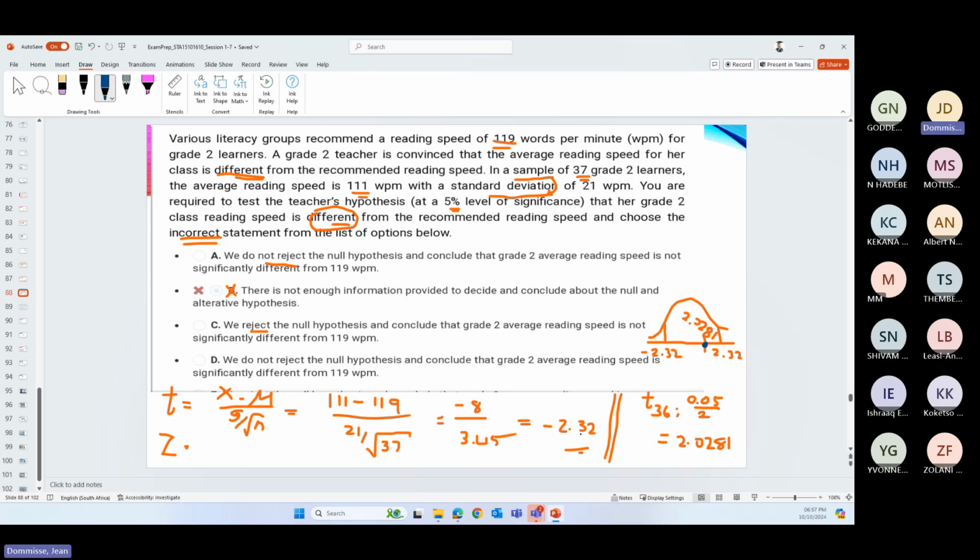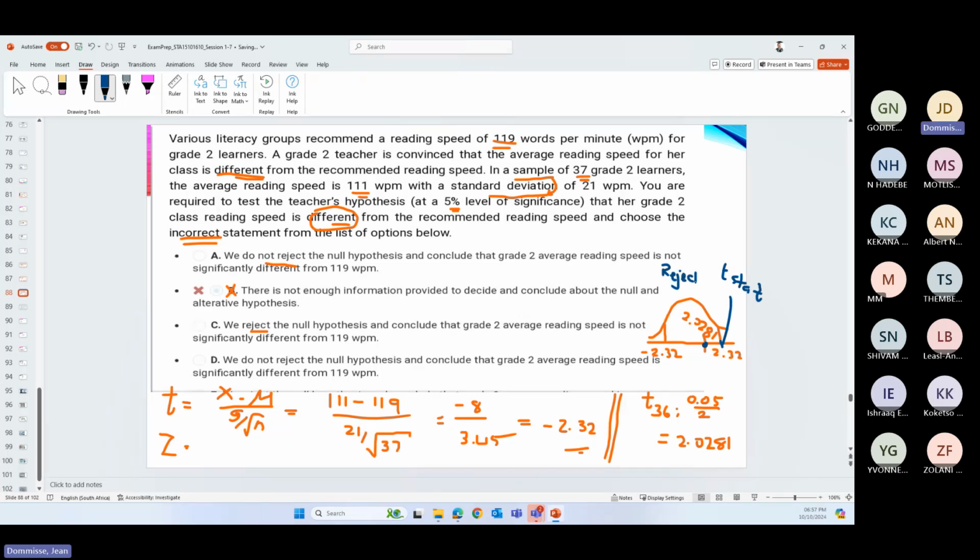T stat is bigger than the critical because that's the critical. So there's your T stat. Bigger than your critical, so we will reject the null hypothesis.